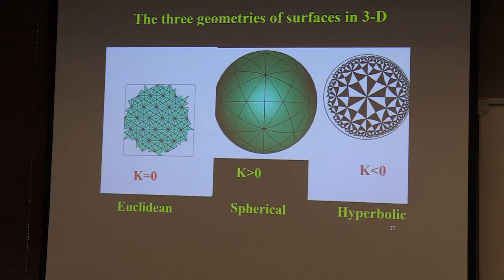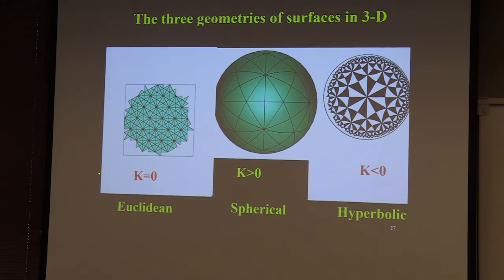It will not be 180 degrees. If you do the same experiment on a horse saddle, you draw a triangle and measure the interior angles, then you will find that these are less than 180 degrees. So this belongs to hyperbolic geometry.